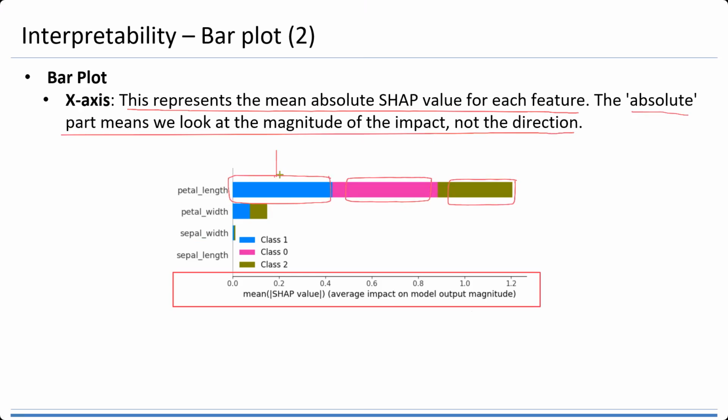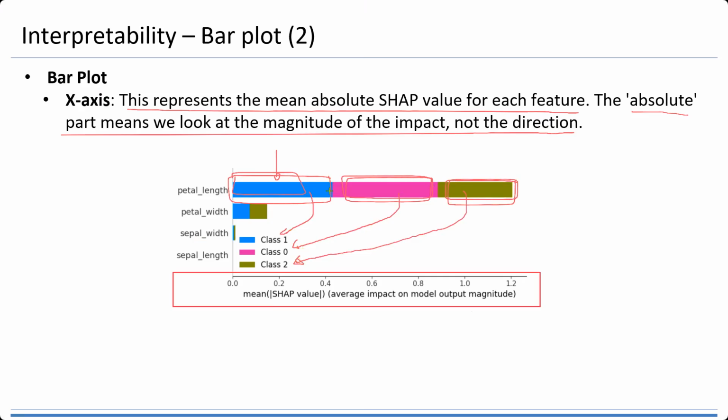It means this blue, this is the impact to the model. This feature has an impact to the model, and this feature has an impact to the model. And what is the impact? This feature impacts class 1, this impacts class 0, and this impacts class 2.